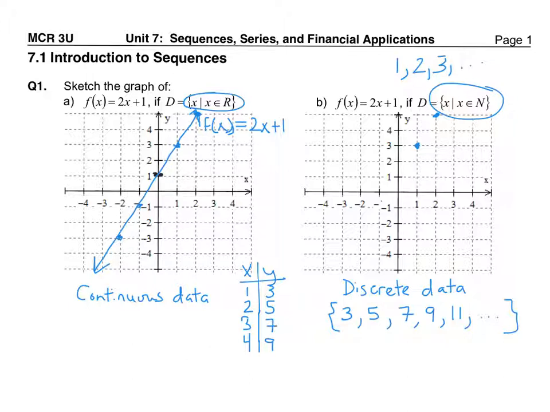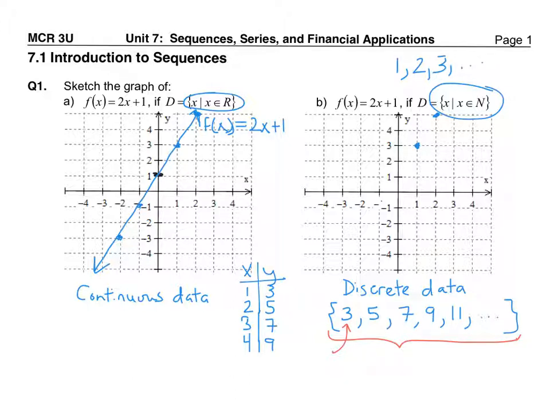Now let's move on to the bottom of this where we start actually defining things. The first thing that we're going to define is what is meant by a sequence. Well, what I have written right here is a sequence of numbers. It's an ordered list of numbers, okay? And this first number right here is what we would call the first term of the sequence.